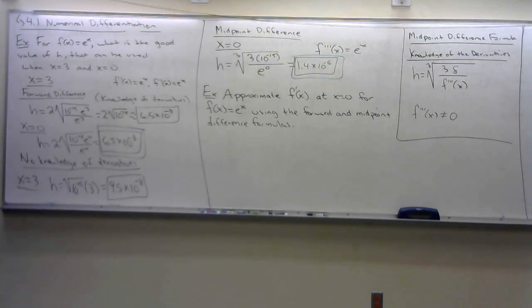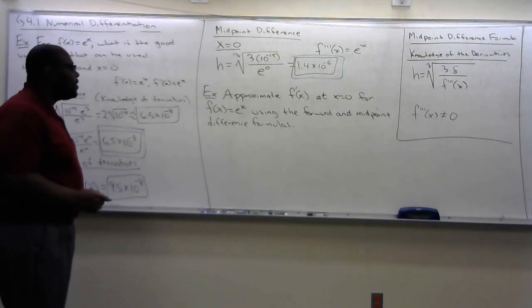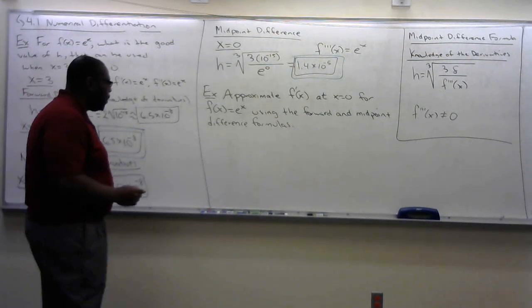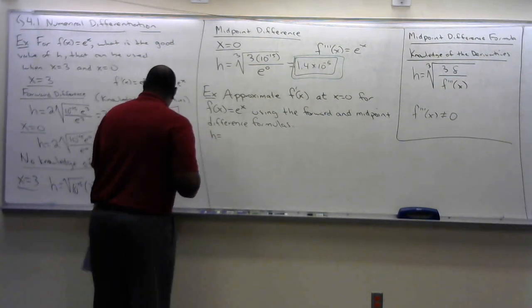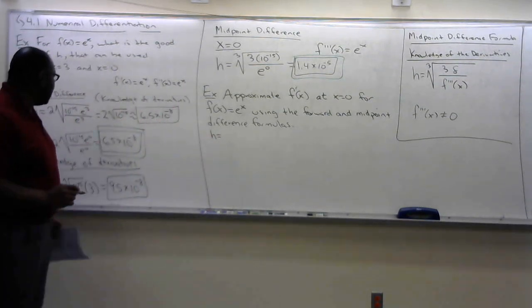Okay. So I'm going to use this value. So let's look at the forward difference formula, right? Of course, we know that the derivative of e to the x at 0 is 1. So let's just remind ourselves of that. The derivative of e to the x at 0 is 1. Let's plug in our h, and in this case we're going to use this one because we have knowledge of the derivative.